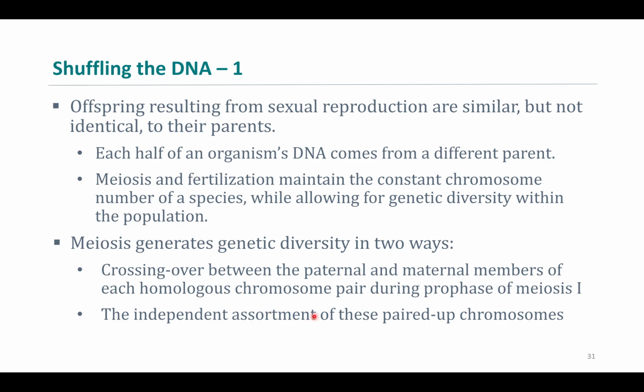This genetic diversity comes from some mechanisms that happen in the meiosis process. One mechanism is called crossing over, and the other is called independent assortment of the paired up chromosomes.